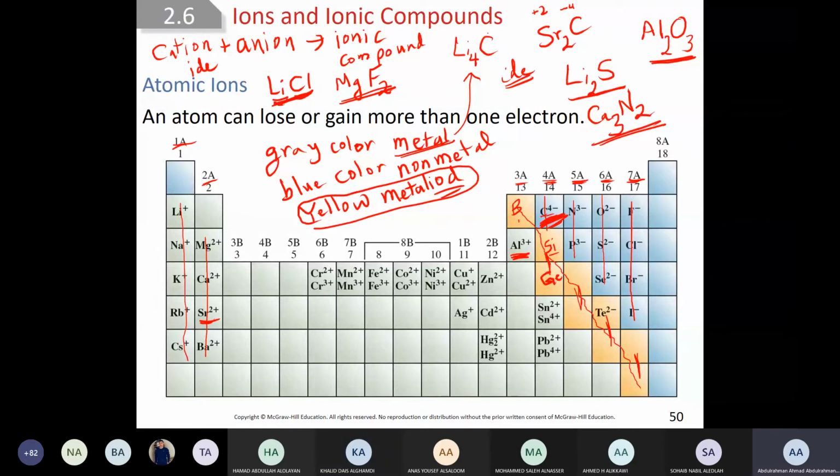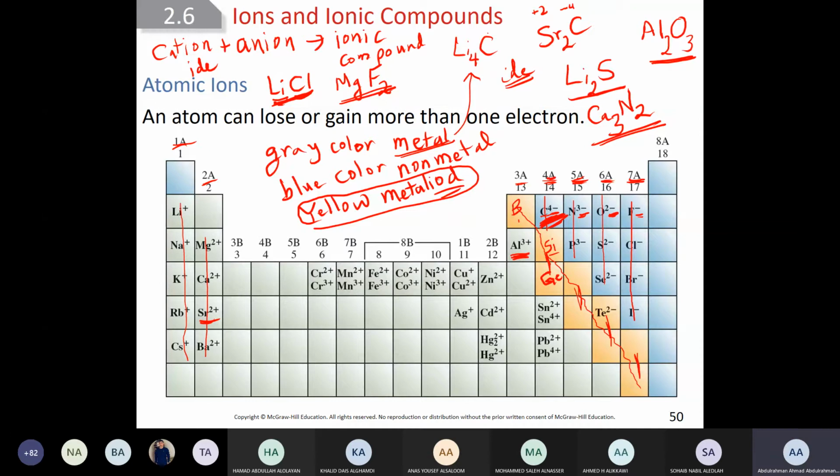You should know this. It's already there, and you have to memorize these numbers. Don't tell me that you don't find it. Look at your periodic table and you should know that it's -4. Because I told you, group 7A is -1, group 6 is -2, group 5 is -3, group 4 is -4. You should know this and memorize it by now.